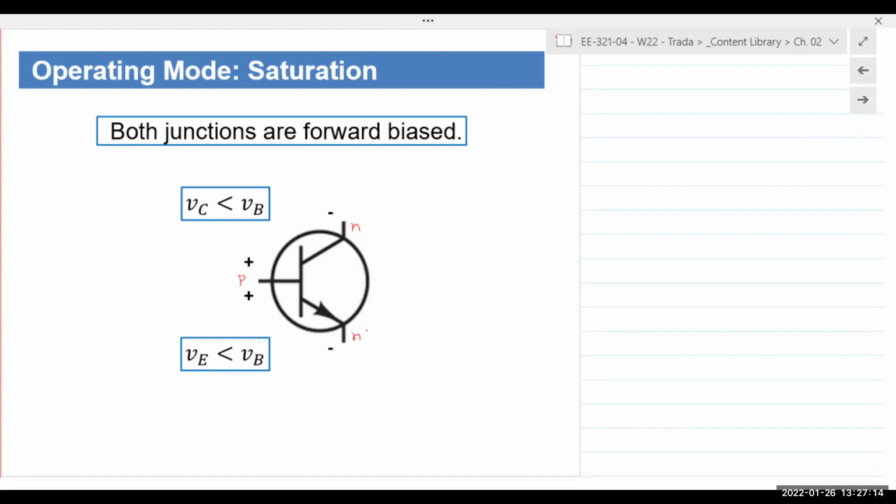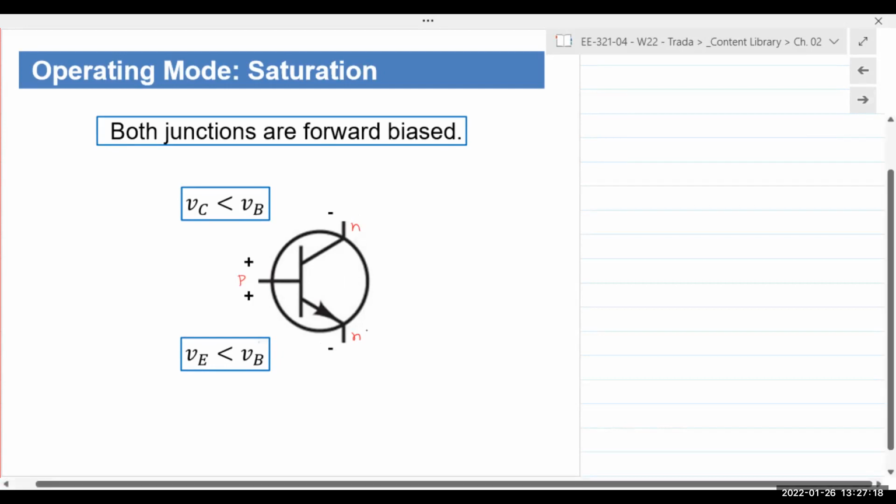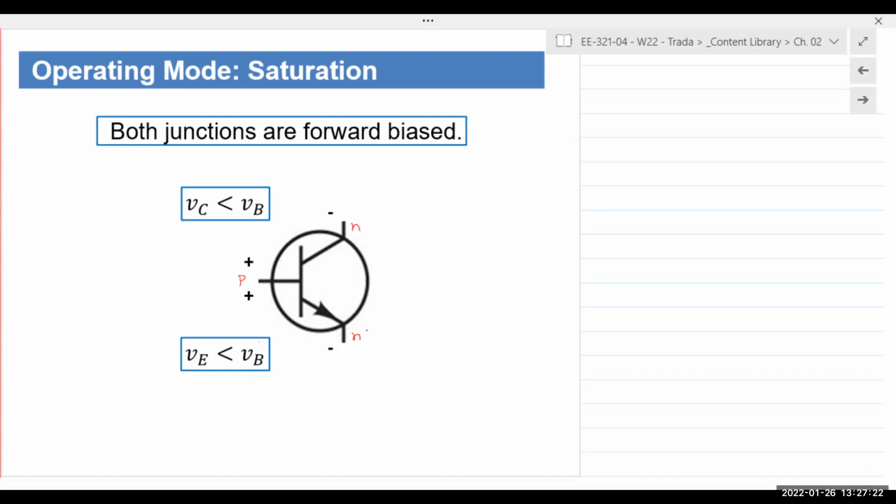Emitter voltage is less than the base. Both of them are forward biased diodes. Maximum current flows through the device. Okay, and so that is saturation mode.